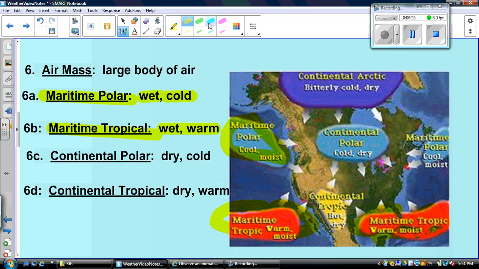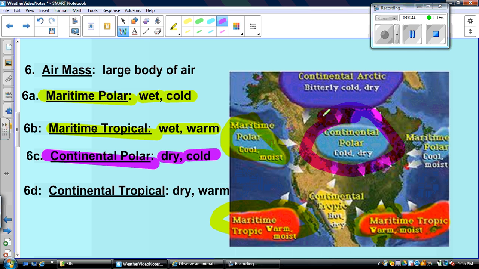Then another type of air mass is your continental polar and continental tropical. Continental polar, the continent means that the air mass formed over a continent, over land. Because it formed over land, it doesn't have as much moisture, so those air masses are dry. Again, polar still means cold. So right here you have your continental polar.